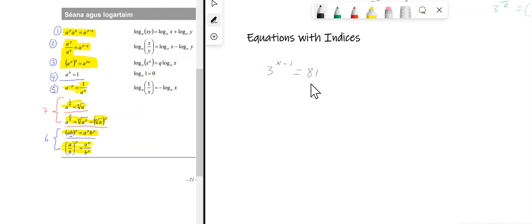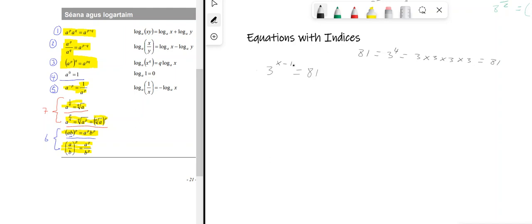So if we take 81, what's another way we can write 81? Well, if we were to write it in a form that has 3 as its base number, it's going to be 3 to the power of 4. So 3 to the power of 4 is equal to 3 multiplied by 3 multiplied by 3 multiplied by 3, which is equal to 81.